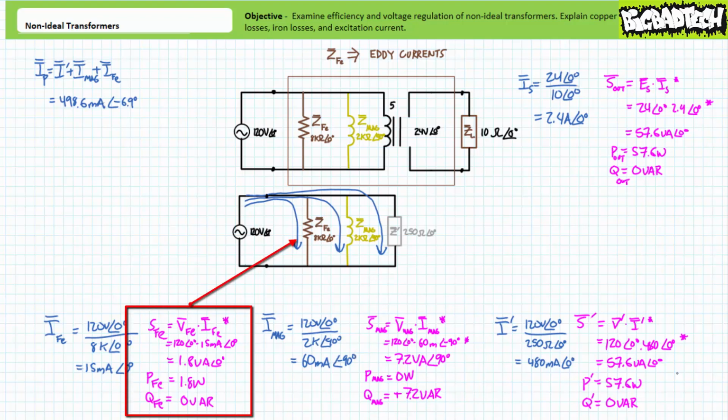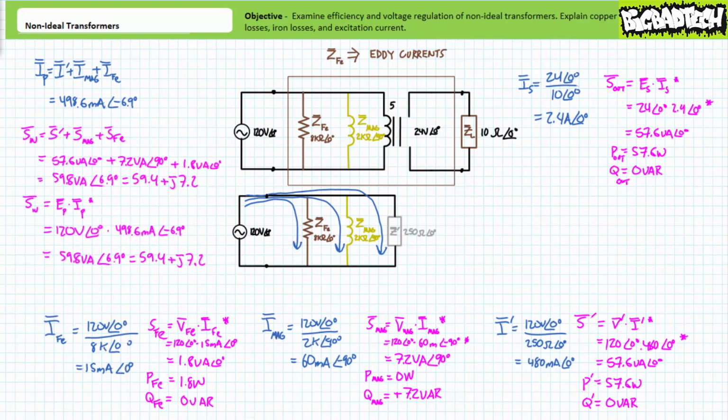Finally, the power equation demonstrates that the resistance accounting for iron losses associated with eddy currents will consume 1.8 volt amperes of apparent power, all of which is being directed towards 1.8 watts of real power, and none of it towards a reactive interchange. This would be considered a loss to this system.